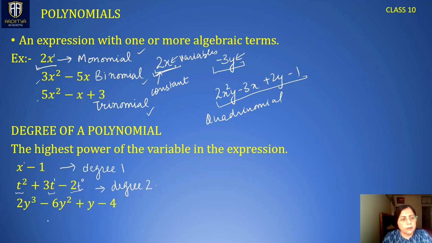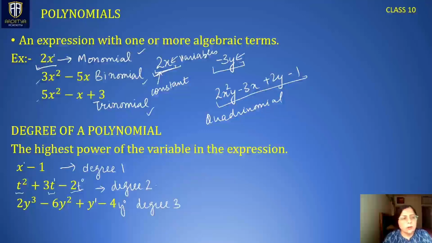In the third example, we have variable y. It is also an expression with a single variable. Here there is no variable, meaning y to the power 0 is there. Y to the power 1, 2 and 3 here. So the highest power involved in this expression is 3. So the degree becomes 3.